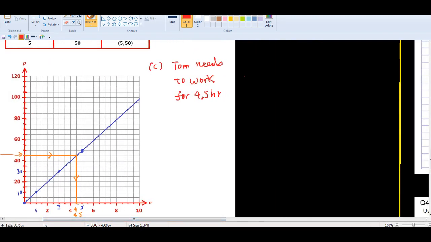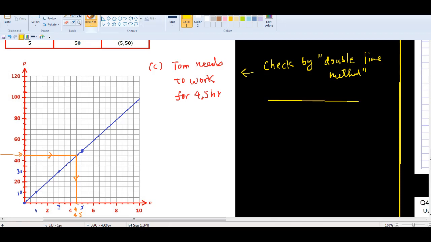Let's check if that's really correct by using the double line method. If I have number of hours on one side and pay on the other side, we've already learned that 1 hour is $10. Now you are going to earn $45.